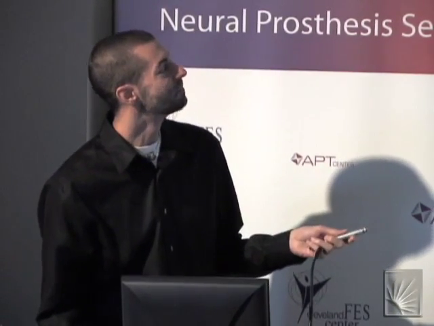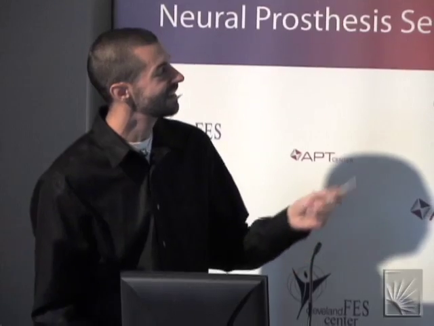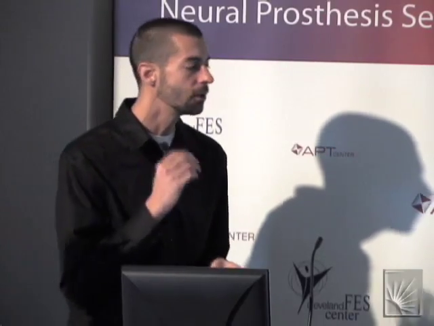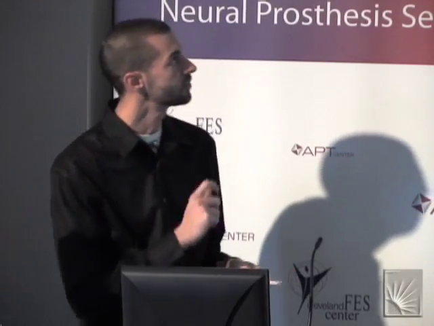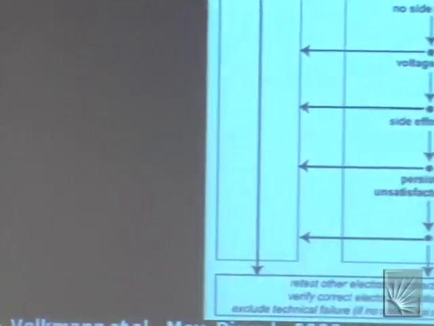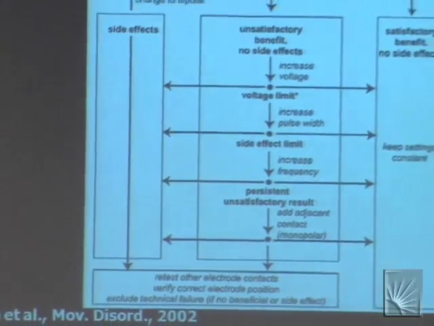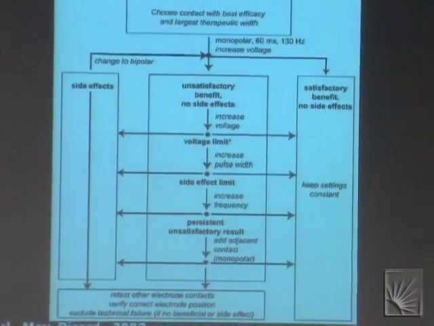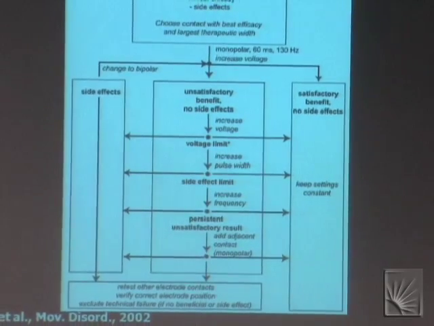Chris Max and Chris Butson really worked on trying to build these computer models, and our motivation was based on this plot here. This is a figure from one of the most popular papers on DBS programming, from a very prominent German neurologist, Jens Volkmann.